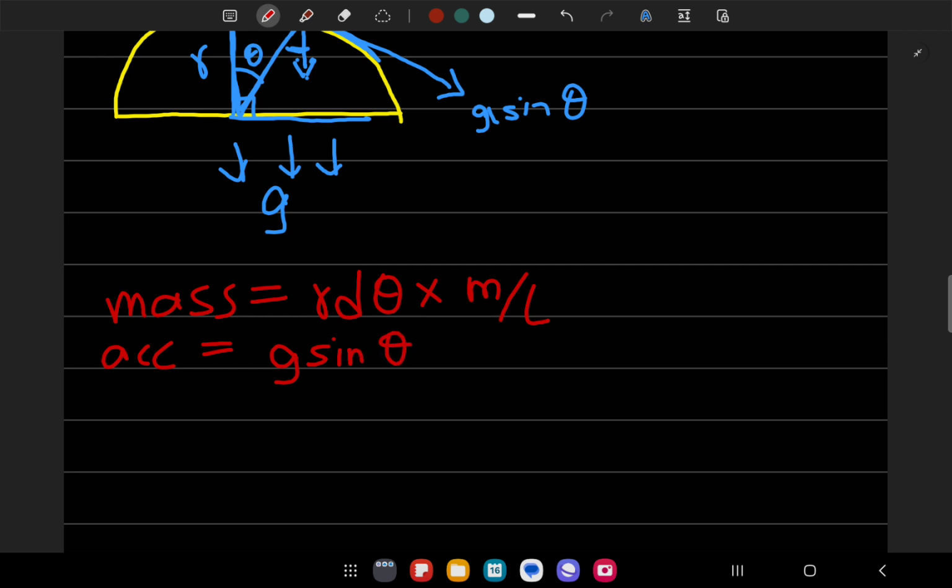Multiplying this we get the force on the small element, dF, equal to mass into acceleration: m by L r d theta into g sine theta.